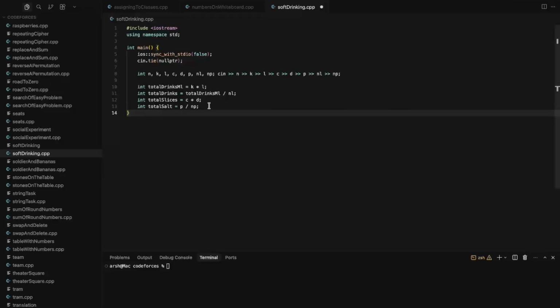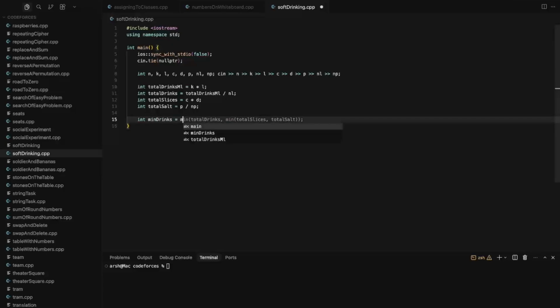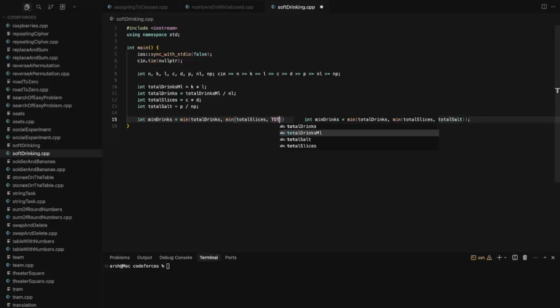Once we've done all of that, our next job is to simply say min drinks and find the minimum of all of these values. So total drinks, minimum of total slices, and total salt.